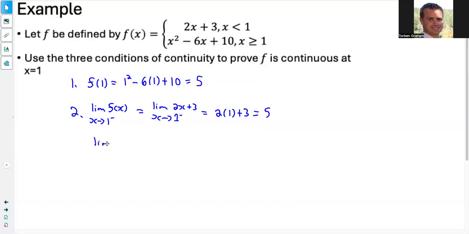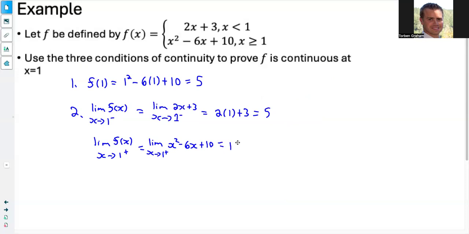Next, we'll check that with our limit from the right side. So limit of f of x as x approaches 1 from the positive side. So from the positive side, we are using our x squared minus 6x plus 10. So we'd look at our limit of x squared minus 6x plus 10 as x approaches 1 from the positive side.